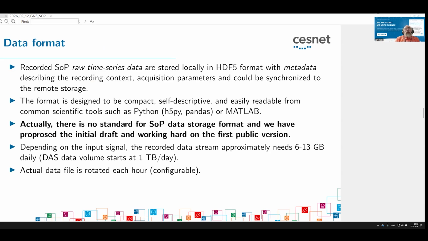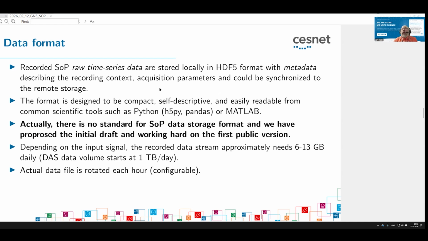Data format, it's recorded as a raw time series, and it is stored locally, especially in HDF5 format with some metadata. So you can store it locally, and it can be synchronized to remote storage.